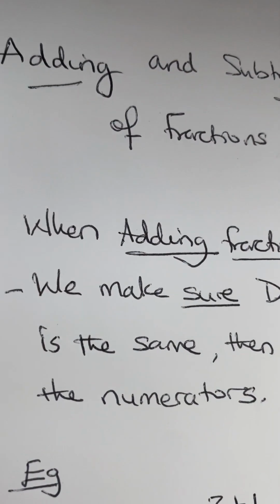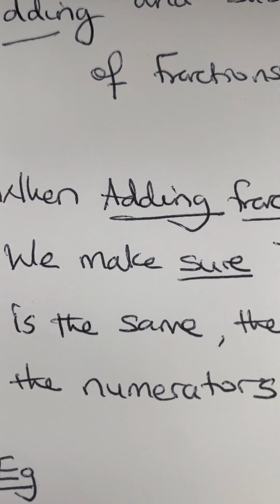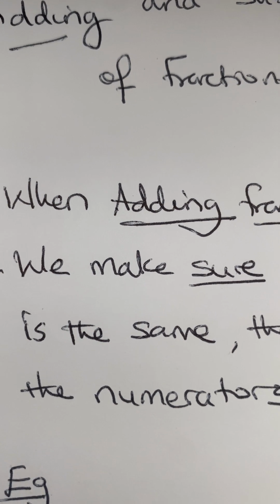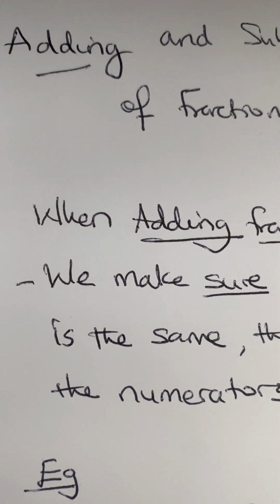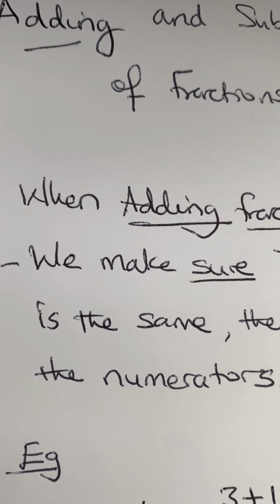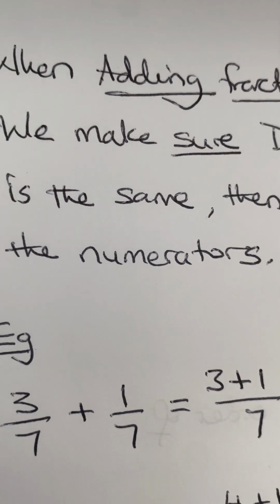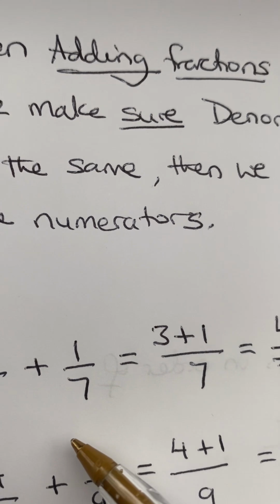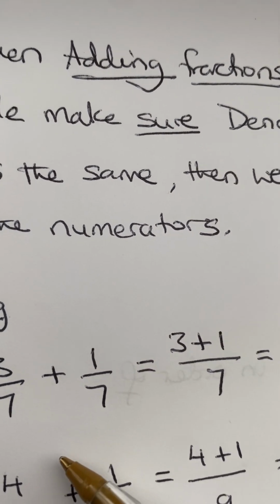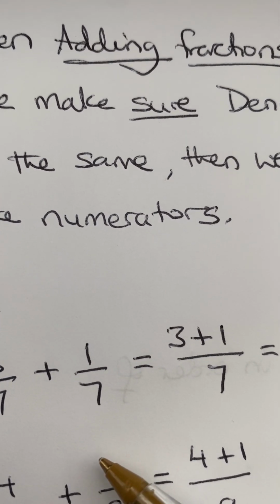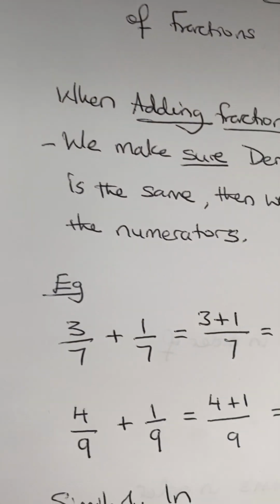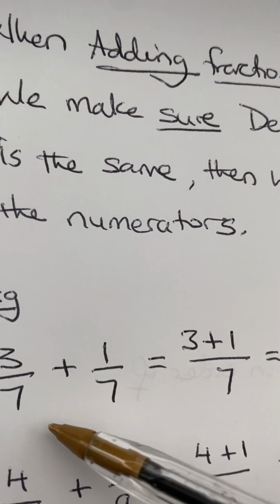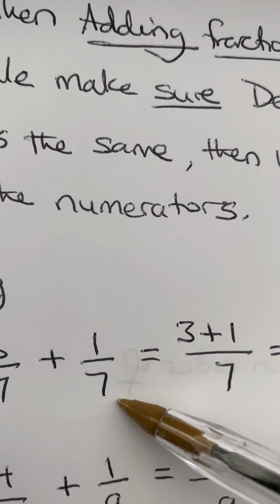Okay, so we want to add fractions. Yesterday, towards the end, I explained to you how to make the denominators the same by using the multiples. So for instance, you have 3/7 and 1/7.